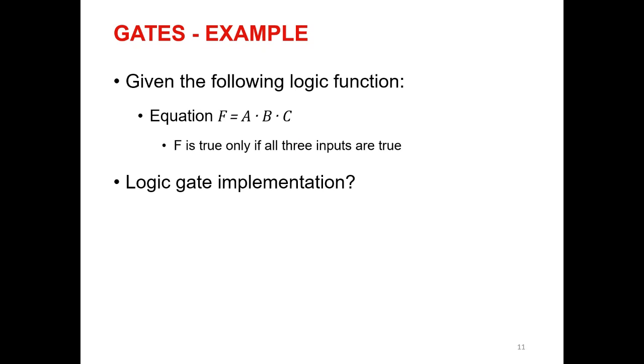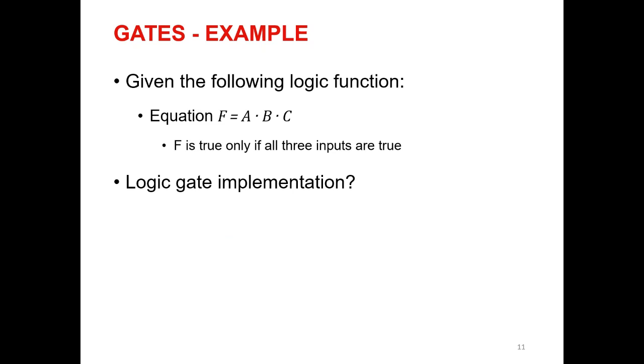Let's see another example. Now we have equation F, and this logic function is equal to A and B and C, which means that equation F is only true if all three inputs are true. In this case, the only change from the previous example is that instead of using OR gates, we are using AND gates.